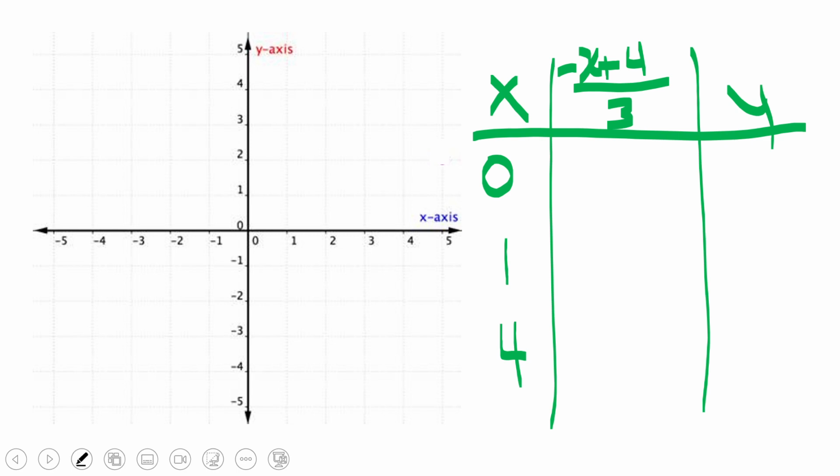Everywhere we see an x in our expression for y, what y equals from what we solved for, we can plug in that number we substituted. So a 0 gets substituted in for x, negative 0, so to speak, plus 4 divided by 3. X is 0, but now y is 4/3.